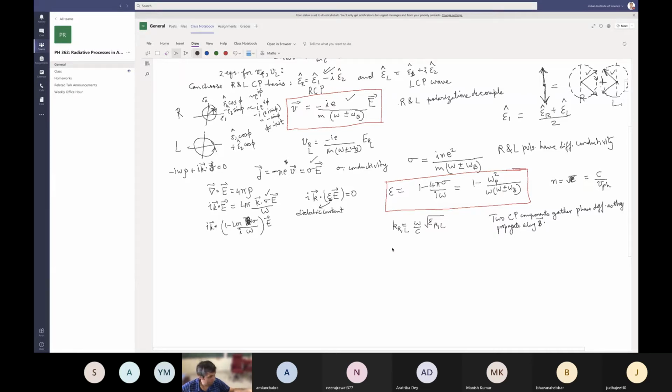Right. So what is the phase? Phase phi is equal to K dot D, where D is the distance.